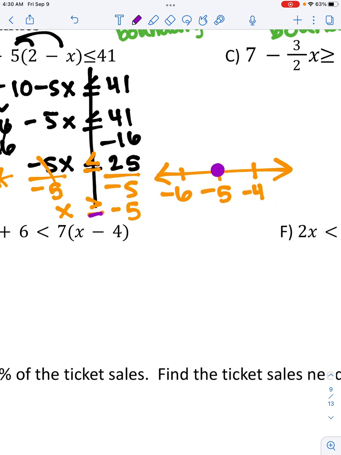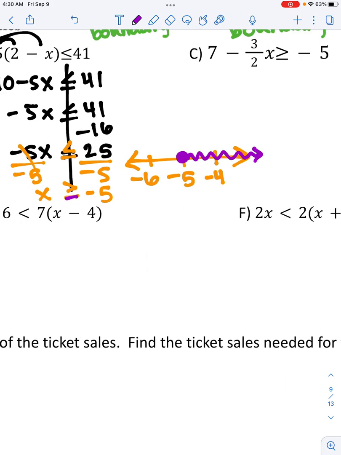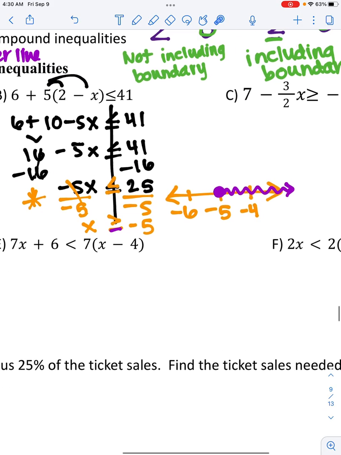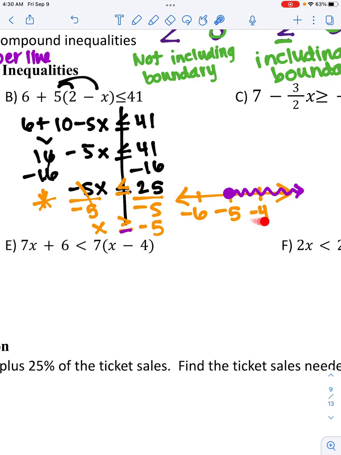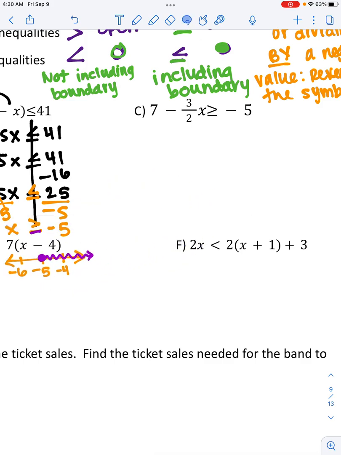And then any value that is greater than negative 5, so greater than is going to the right, would be a solution. And just like any other problem, we can plug in negative 4, negative 3, negative 2, any number in this direction back in for x, and then simplify each side and verify that that symbol is true between those two values. Put that on there for now.